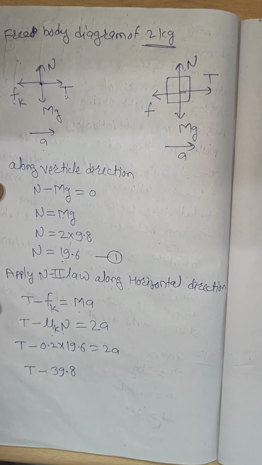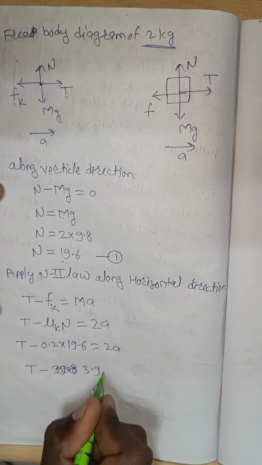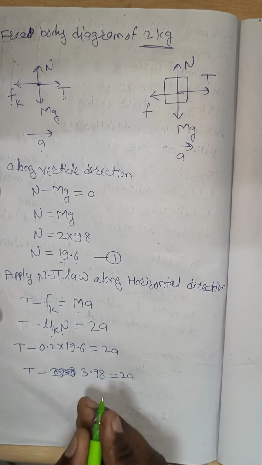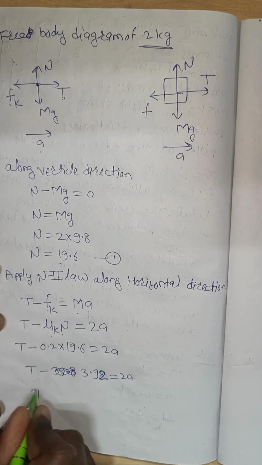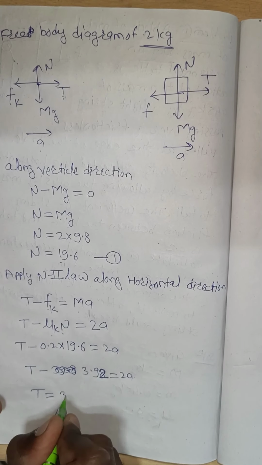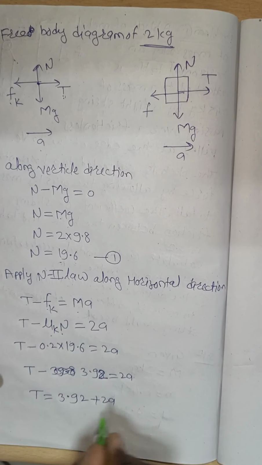3.92, which is equal to 2a. Therefore T is equal to 3.92, we have to shift to the right, it becomes plus 3.92 plus 2a.